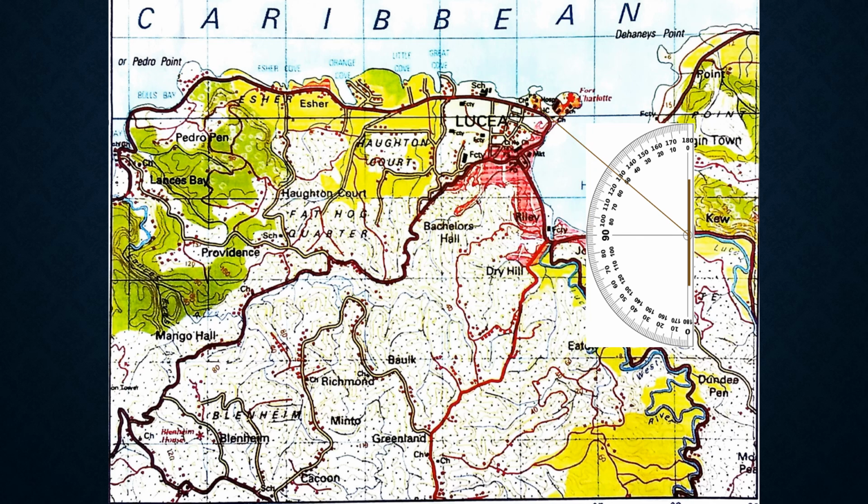That is the bearing of the health center from the bridge at Q. Once again, 128 plus 180 should give us approximately 308 degrees. So 308 degrees is the bearing of our health center from the bridge at Q.